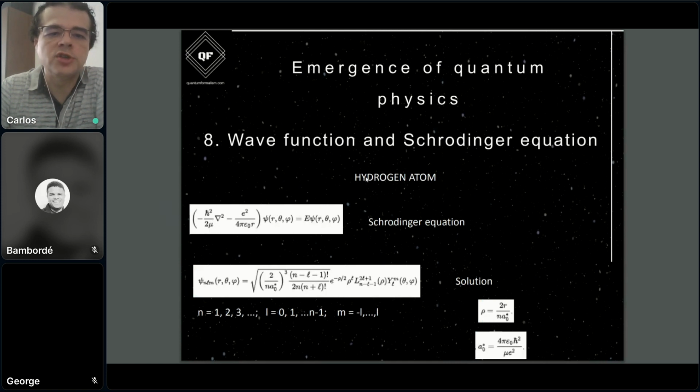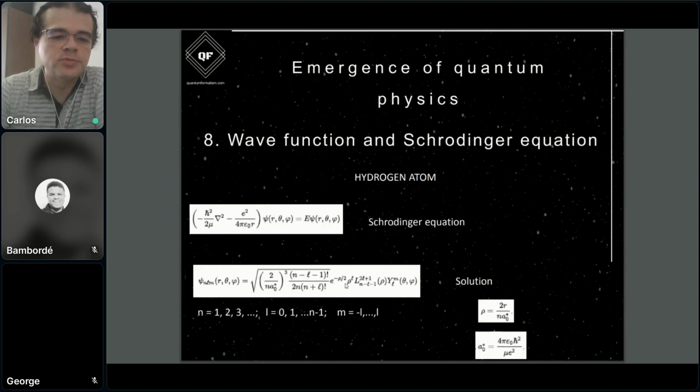The potential for the hydrogen atom is a Coulomb potential, and this is the electron charge. And this is the Schrödinger equation in 3 dimensions, in spherical coordinates, because they are the more appropriate coordinates to solve this problem.